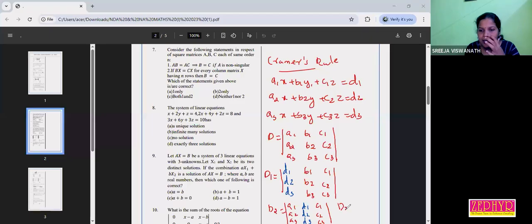Like that, for D3 the first two columns are the same, A1, A2, A3, B1, B2, B3, and the third column is the constants D1, D2, D3. Is it clear? This is how we get D, D1, D2 and D3, the determinants.